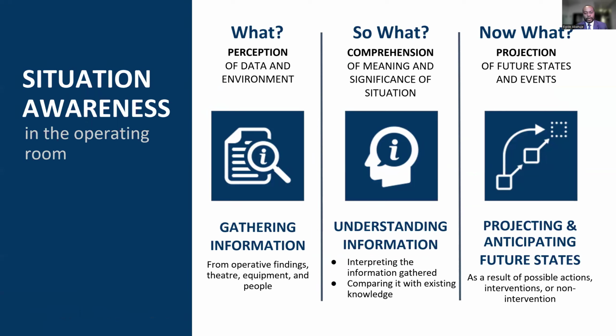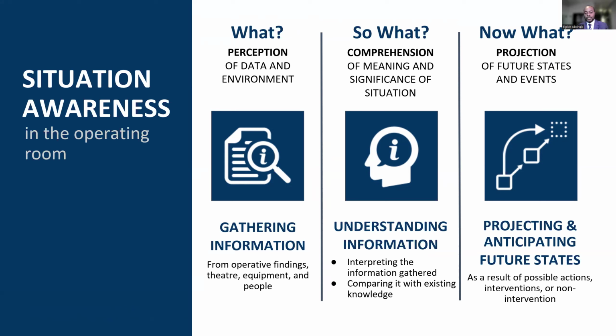The situation awareness has three elements. The first is gathering information, like what is going on. The information can be collected from the operative field by looking at the patient, or by looking at the equipment, seeing what equipment is available, and what equipment is functioning or non-functioning.